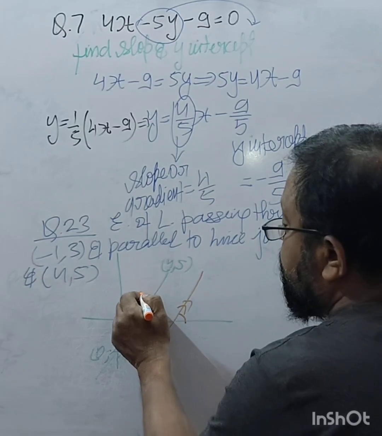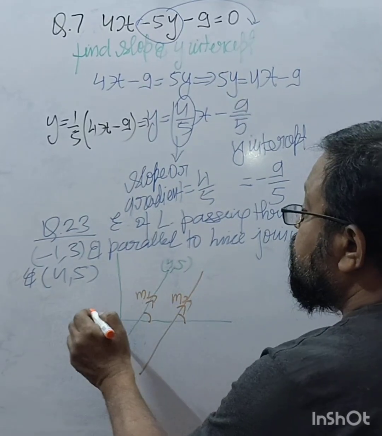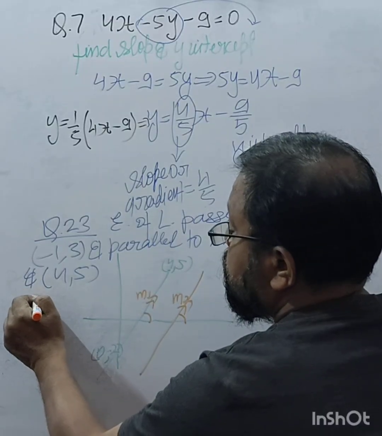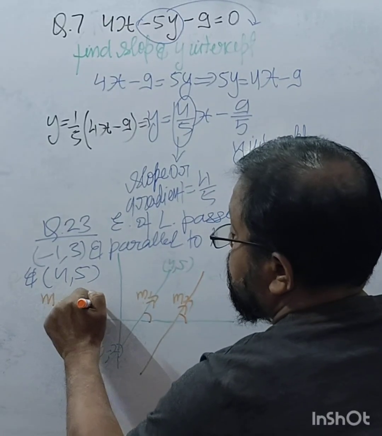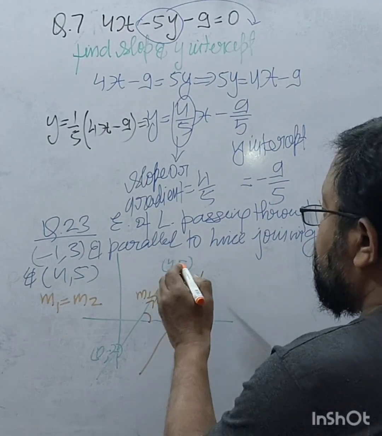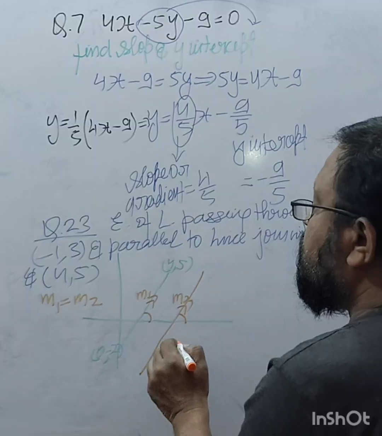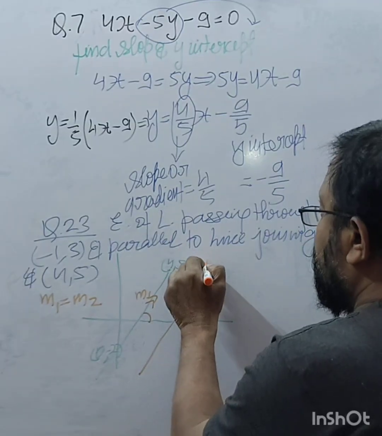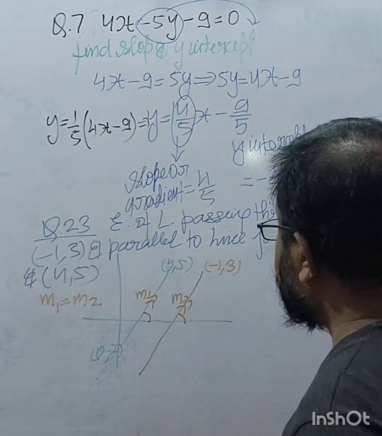So if its slope is m1, the other slope is m2, so m1 is equal to m2. And the coordinates given to you are minus 1 comma 3.